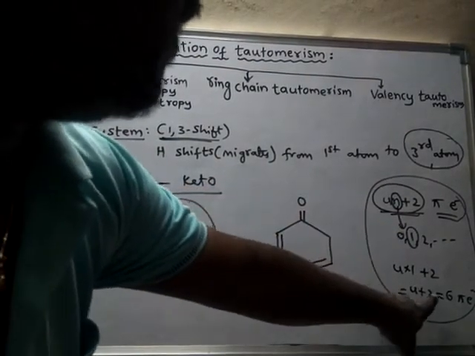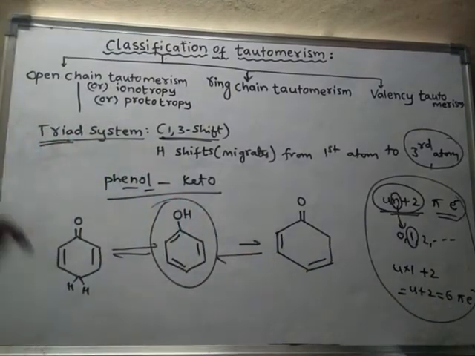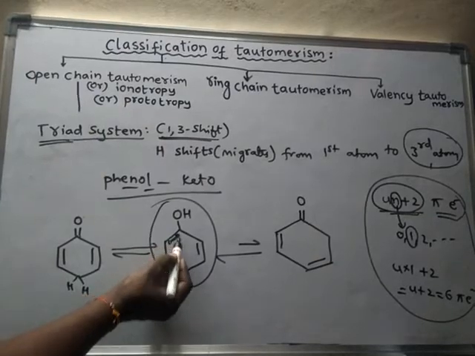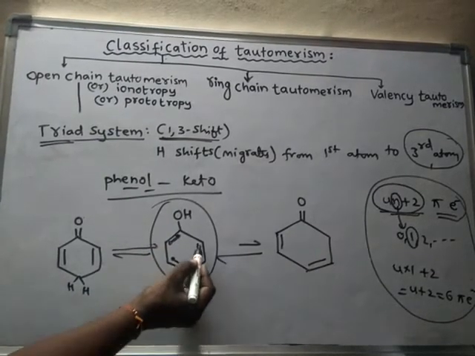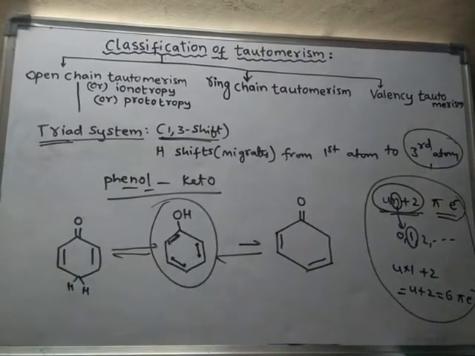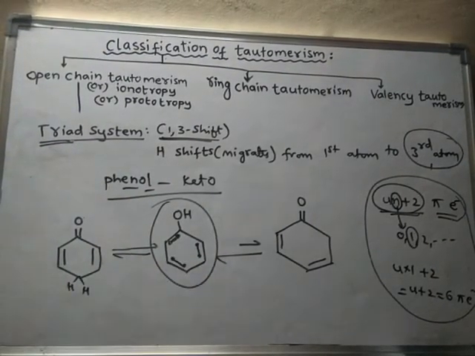Now altogether there are 6 pi electrons. So now we will count. This is a pi bond having 2 electrons. This is another pi bond having 2 electrons. So how many pi electrons are there? 6 pi electrons are there. As it has 6 pi electrons, it is said to have aromatic nature.